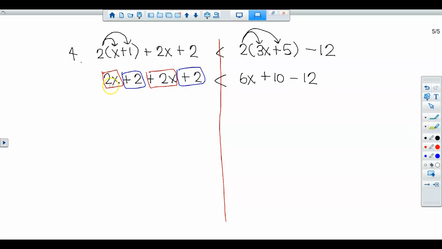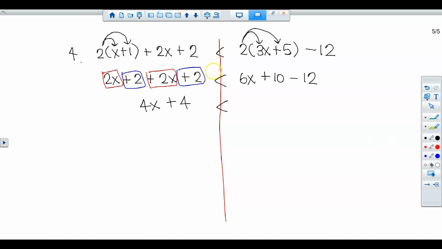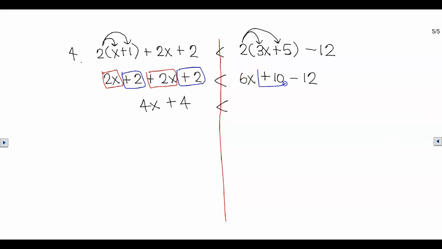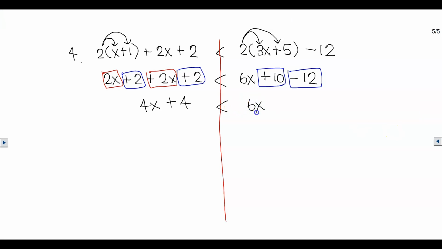So, 2x plus 2x makes 4x, and 2 plus 2, positive 4. On side 2, I also see some like terms that I can combine. I can combine a positive 10 with a negative 12. So over here, I'm going to have 6x. 10 minus 12 makes a negative 2. So there's step 2 done.